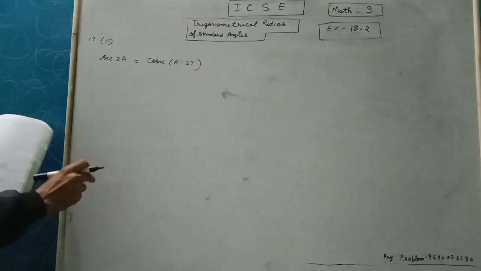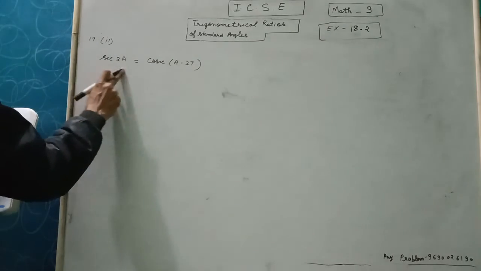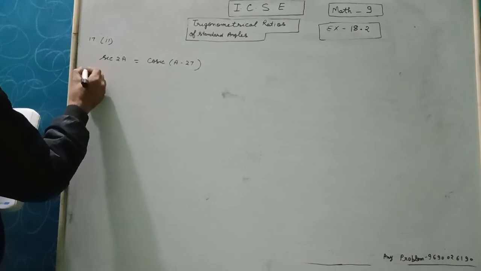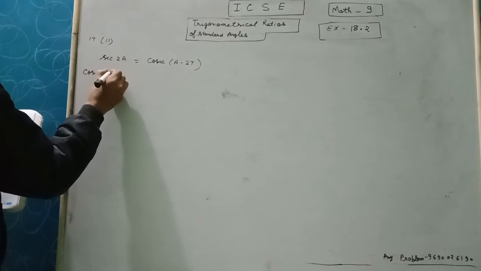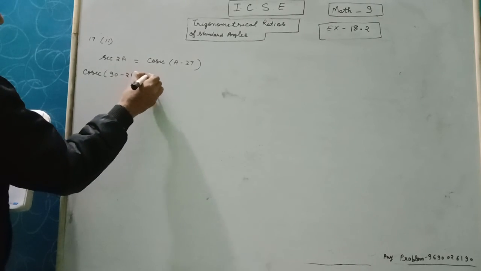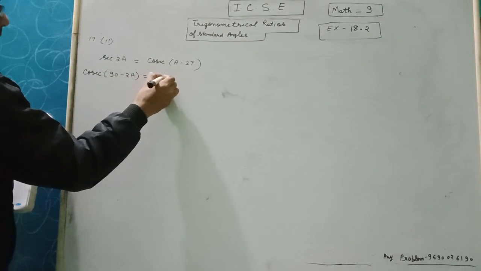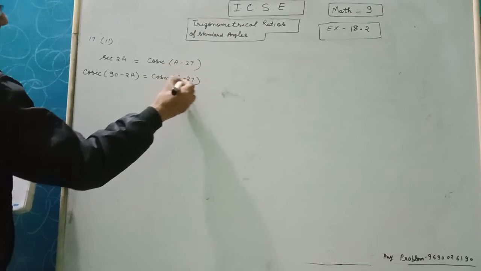Left hand side is sec, right hand side is cosec. Change sec into cosec(90 minus 2a). Right hand side is cosec(a minus 27).